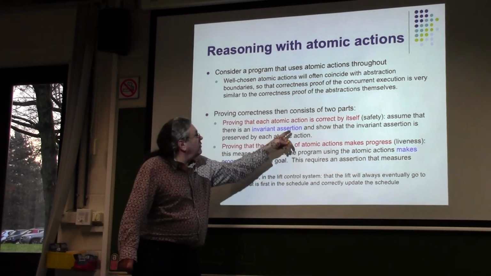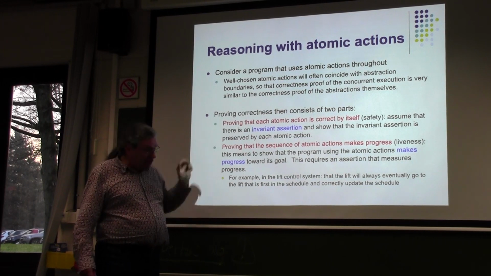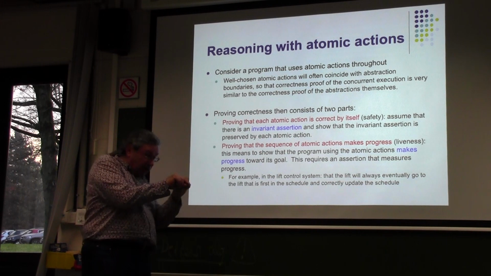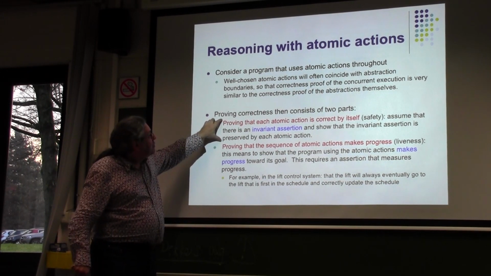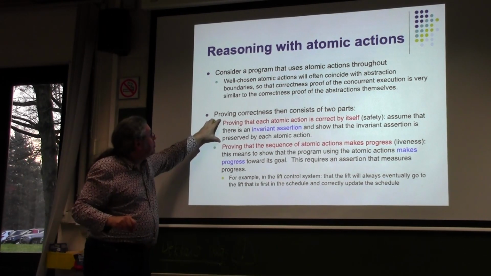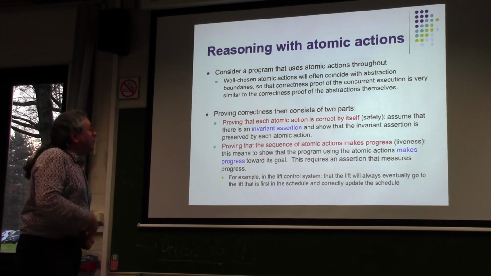So the invariant is preserved. That means if you assume it's true on entering, it will also be true on exit. You have to prove that separately for each atomic action. That's pretty easy. Now it's just a little proof for each lock.